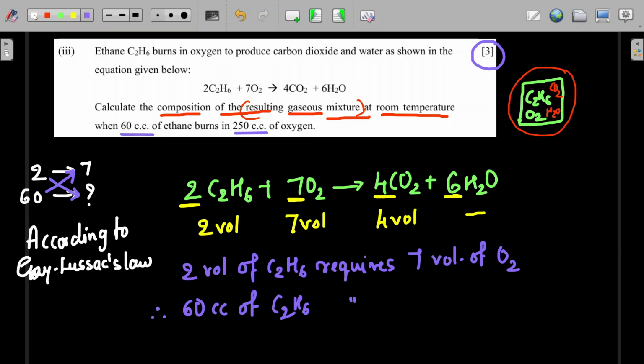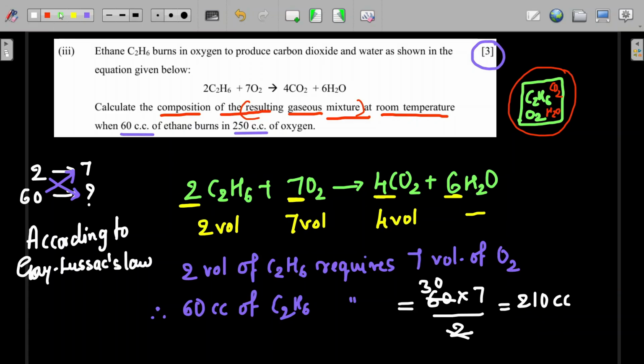So you are finding oxygen volume now, 60 into 7 divided by 2. To find how much volume of oxygen you need, you are doing this. Okay, so calculate it. 210 cc. Keep the unit as it is, what they have given.